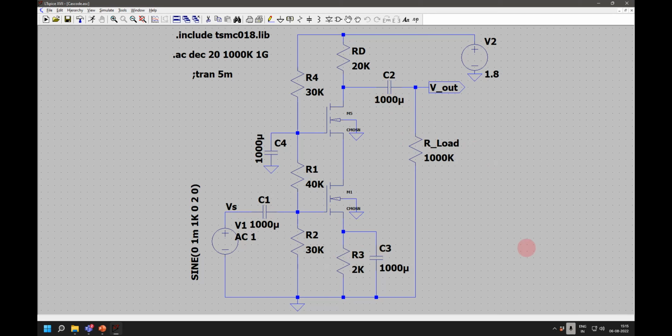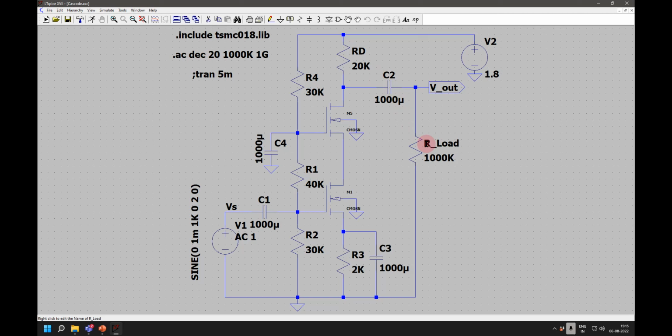My intention is, if you reduce that C2 value, will that affect our bandwidth, or is it just acting as a DC block? No, that capacitance actually puts restrictions on the low frequencies.